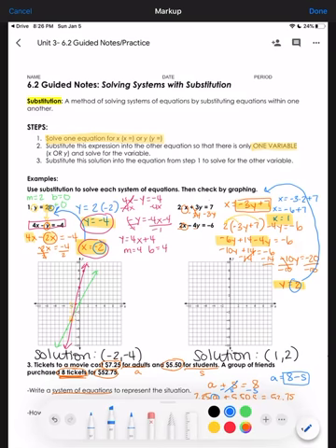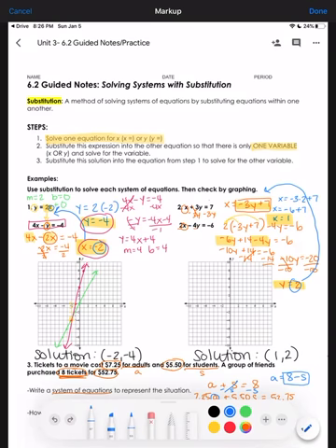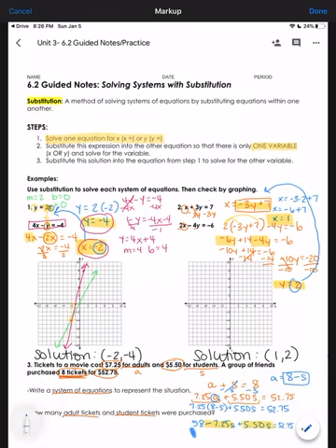If I add those together, negative 7.25 plus 5.50 is going to give me a negative 1.75. So I have 58 minus 1.75S equals 52.75. I can subtract the 58 from both sides.